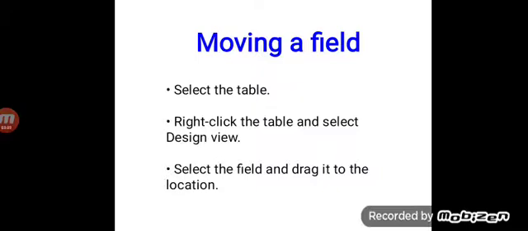Next is moving a field. How will you move a field from one place to another? For that, you'll right click on the table and go to design view. Then select the field which you want to move, left click on the mouse, drag it to the location or place you want, and leave the button.